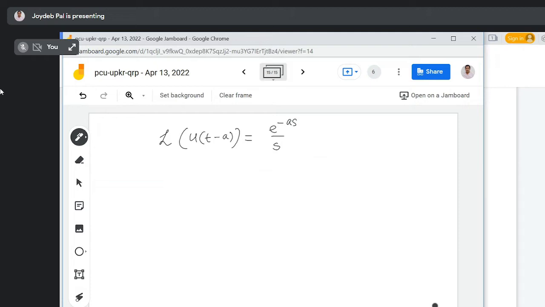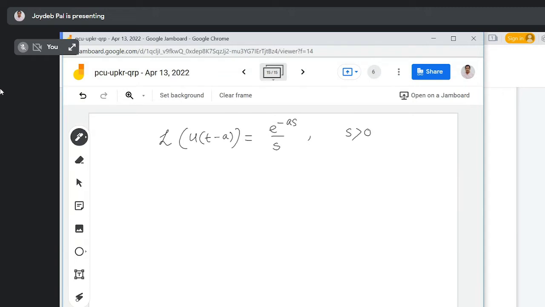You have to remember this as a formula. It is like a tabulated formula. Definitely s should be greater than 0, otherwise this will not be defined. During the proof you will realize that s should be greater than 0. So that is the formula.